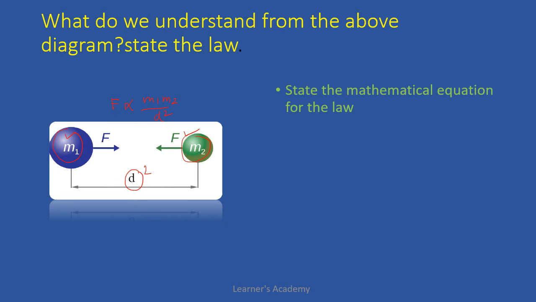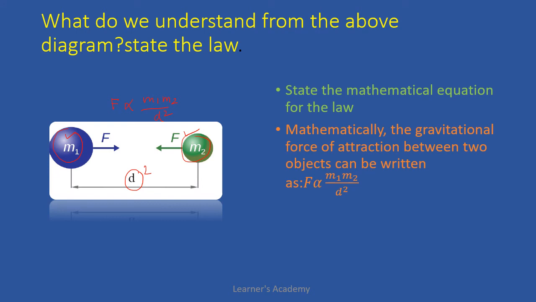So now the second question that can be asked, answer will be the same. State the mathematical equation for the law. So you will say mathematically the gravitational force of attraction between two objects can be written as F is directly proportional to the product of masses of the two objects m₁ multiplied by m₂, and F is inversely proportional to the square of the distance between the two objects. Okay.